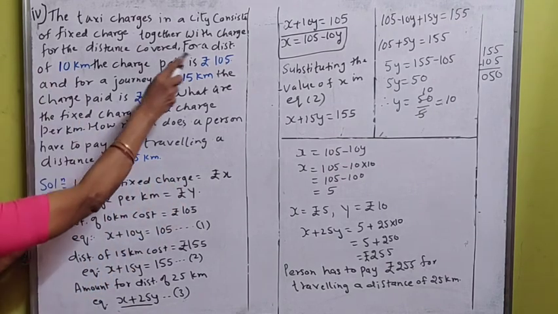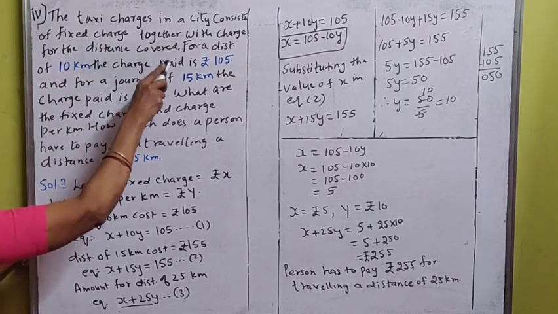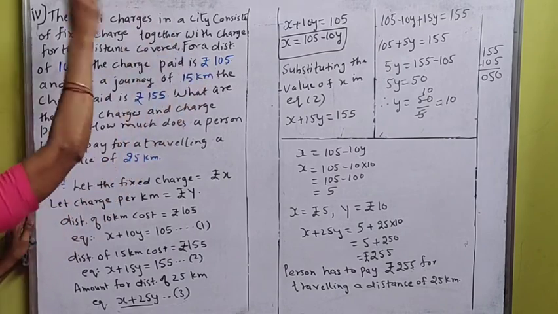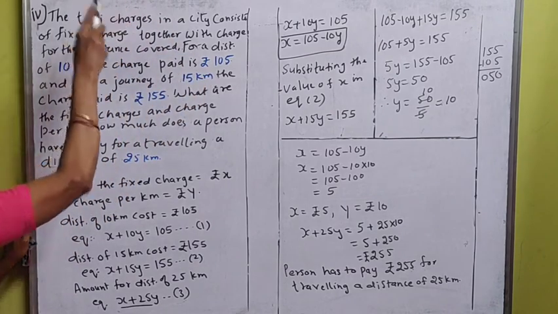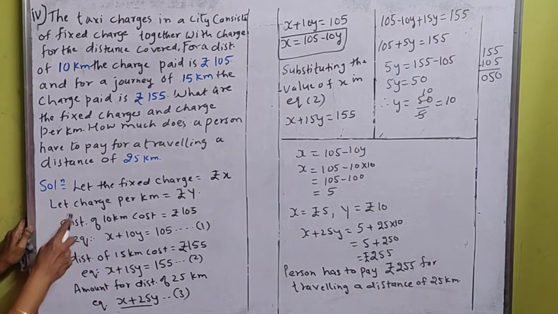If you travel in a taxi for 10 kilometers, you have to pay an amount of rupees 105. In this rupees 105, the fixed charge is there and the charge per kilometer is also there. That means fixed charge plus charge per kilometer. How to form the equation?